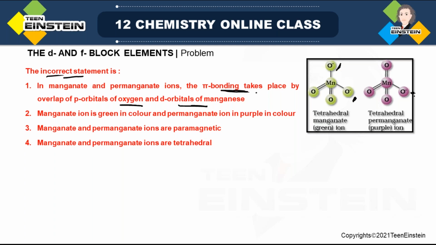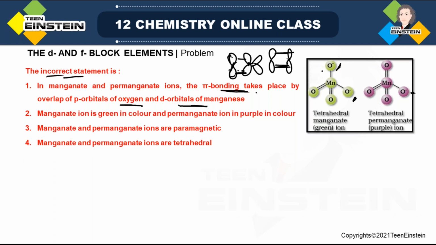Now here it is mentioned that pi bonding is formed by the overlap of p orbitals of oxygen and d orbitals of manganese. Pi bond formation takes place by sidewise overlap. This sidewise overlap may be between 2 p orbitals like this, or it may be between 1 p orbital sidewise overlap and another d orbital.